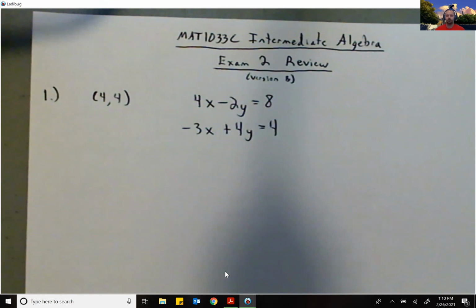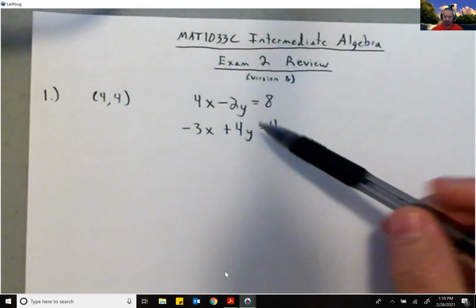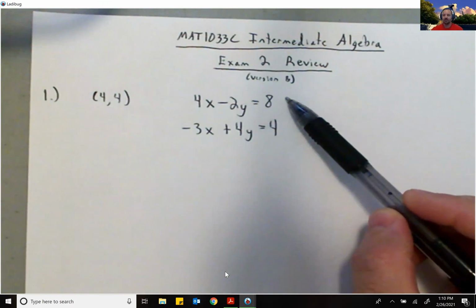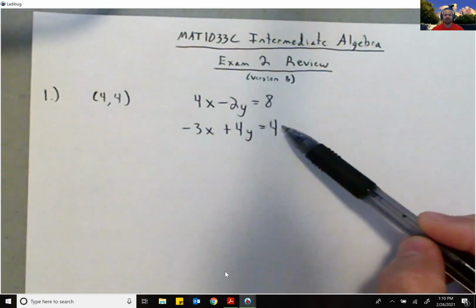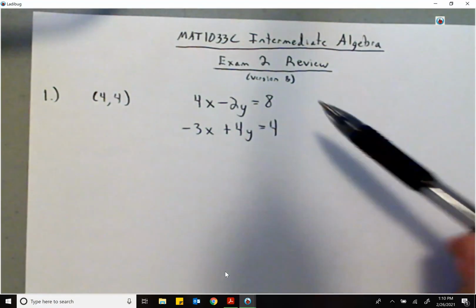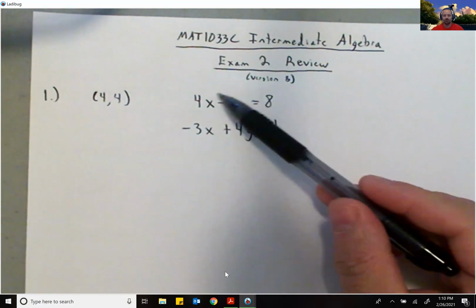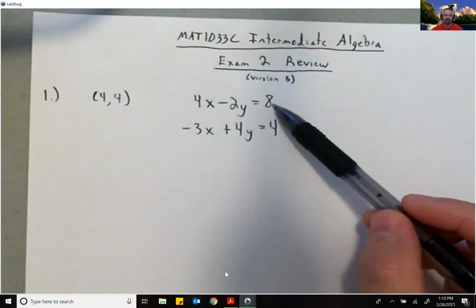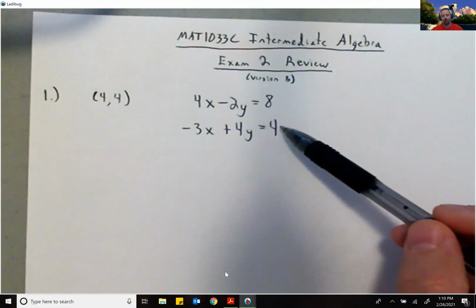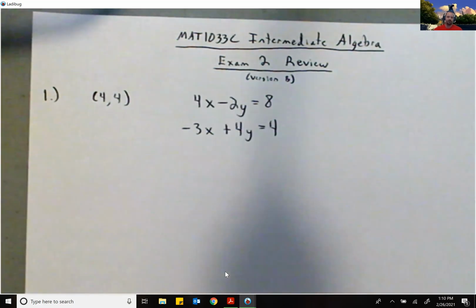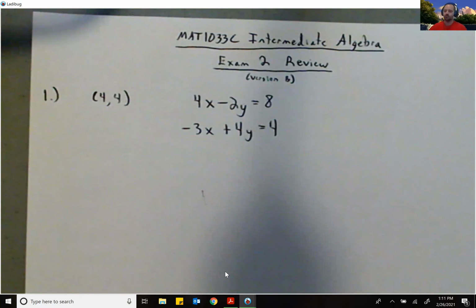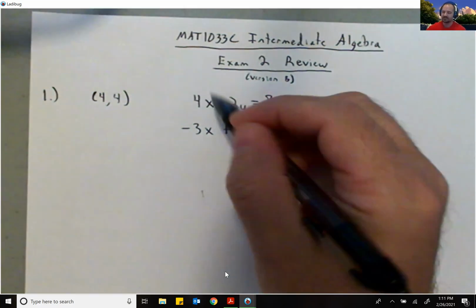That's right. Plug it into the first one and see if it gives you the answer 8. If it does, then plug it into the second one, see if it gives us the answer 4. If it works in both of these, it's a solution. If I plug into the top one and I do not get 8, then it's not a solution. Or if I plug into the bottom one and do not get 4, then it is not a solution. The moment it messes up for one of these, no, not a solution.